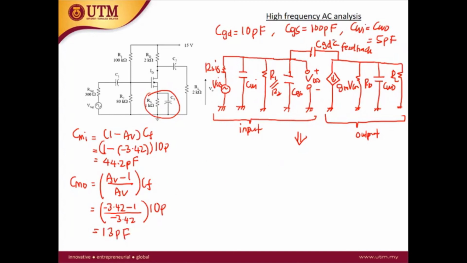When you replace the CGD with the CMI and CMO, your equivalent circuit will look like this.